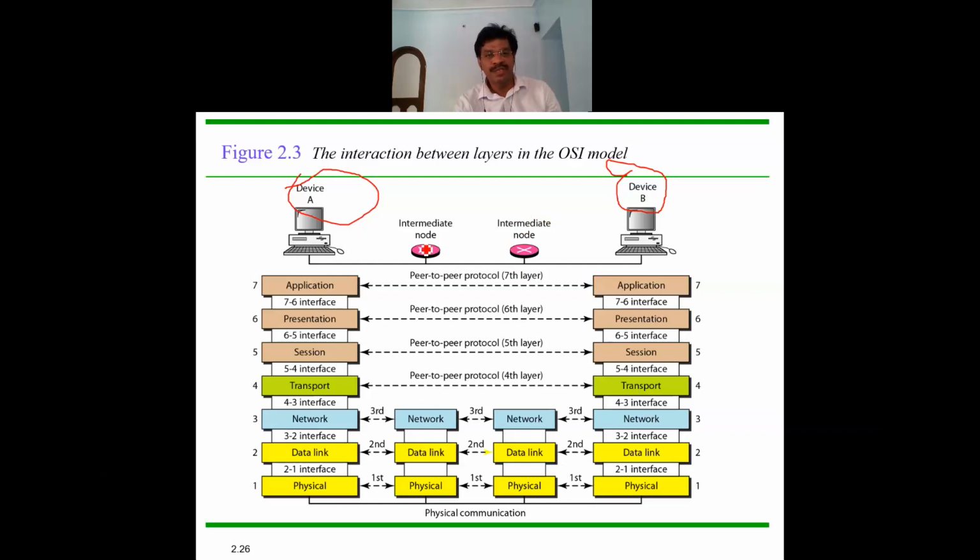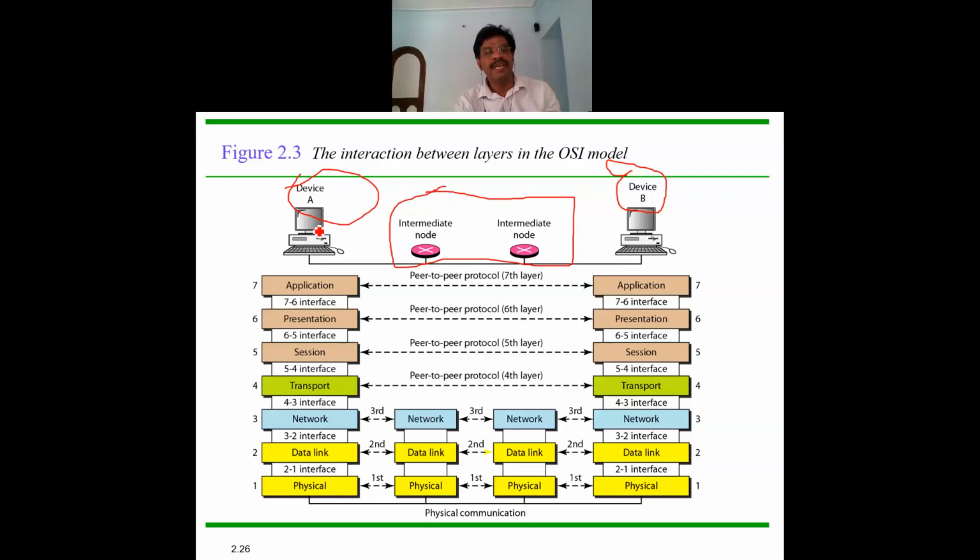This particular symbol is a specific symbol of a router. The data packets from device A are routed by the intermediate nodes towards the destination. There may be n number of intermediate nodes in between A and B, but A is sending the data over the common communication media, which consists of the various intermediate nodes.